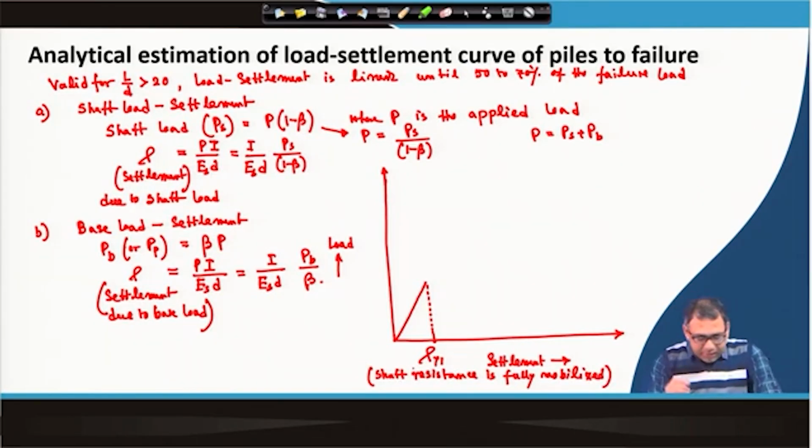So, there will be a tip resistance versus settlement plot also. That will also continue like this. Okay.